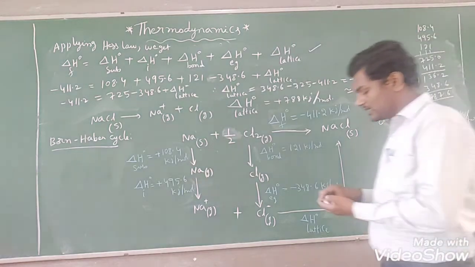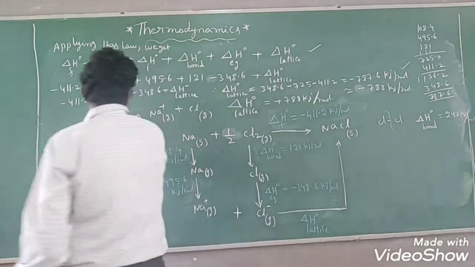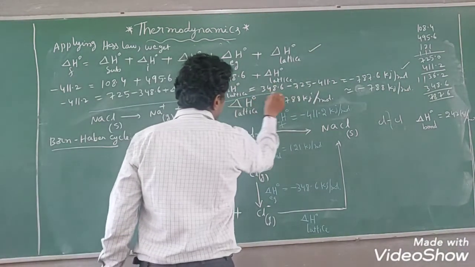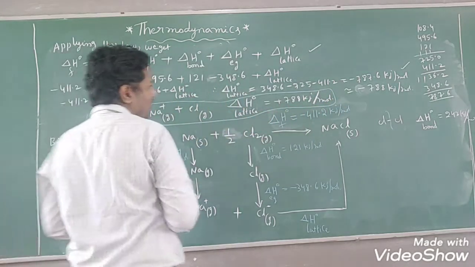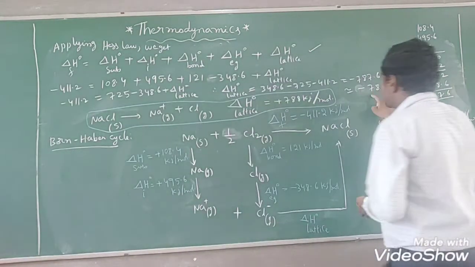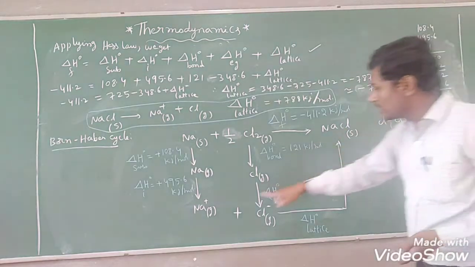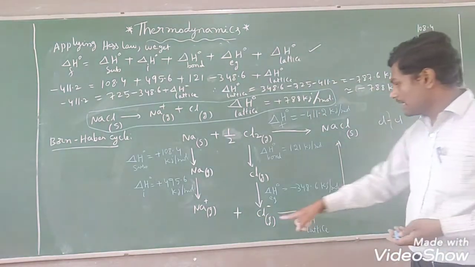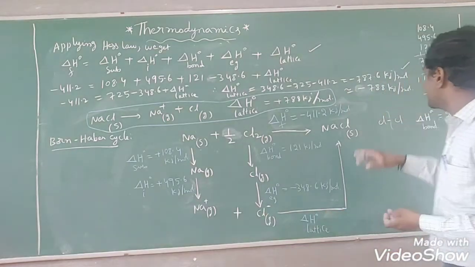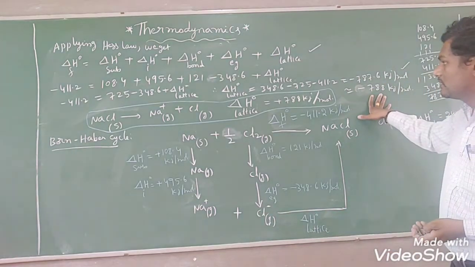You may ask a question here. In the previous case, you discussed lattice enthalpy is plus 788 kilojoule per mole. Now you have got a negative sign. So this negative sign, what is it for? Na plus and Cl minus giving rise to NaCl, this value is for that, right?